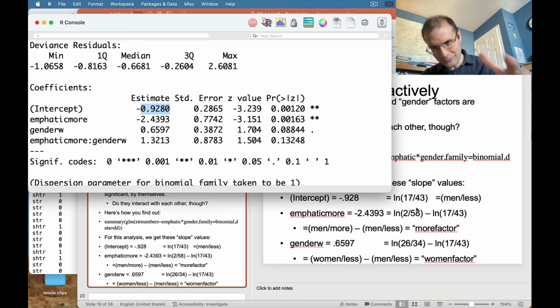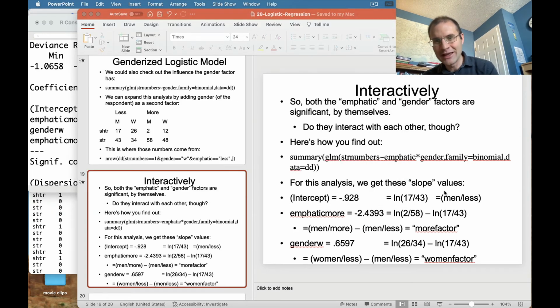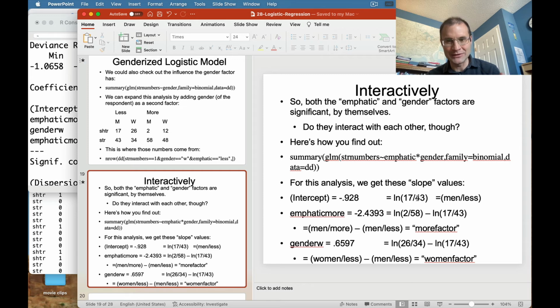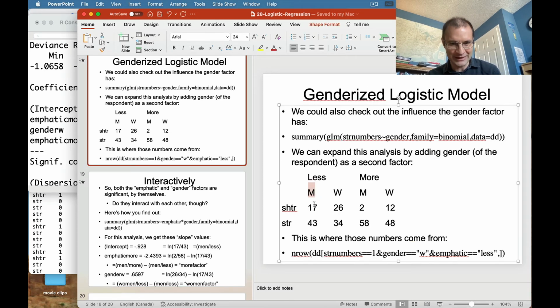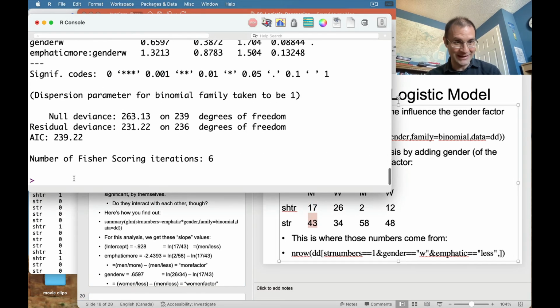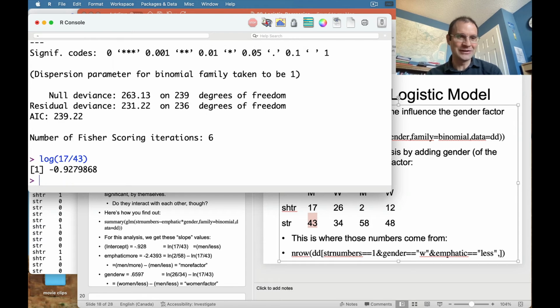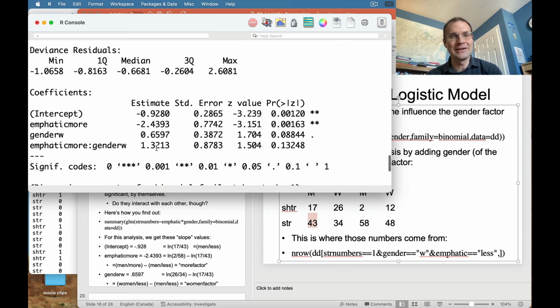So the word men comes before women in the alphabet. The word less comes before more in the alphabet. Our default intercept value is just the ratio for men in the less context. So it's the 17 divided by 43 here. And just to confirm that, again, I'll show you log of 17 over 43, negative 0.928. It's this. Okay, that's where we start from.